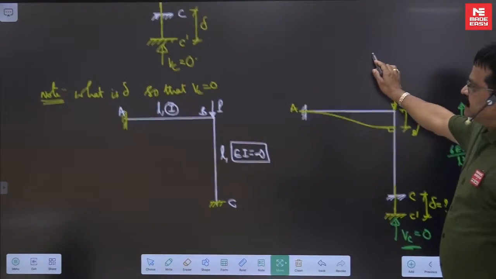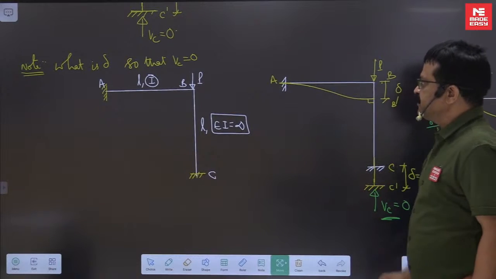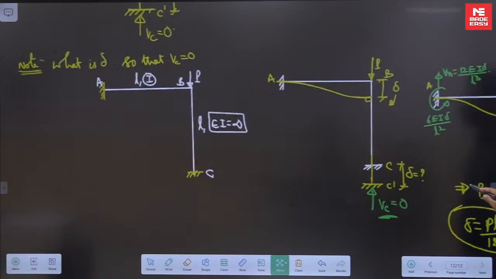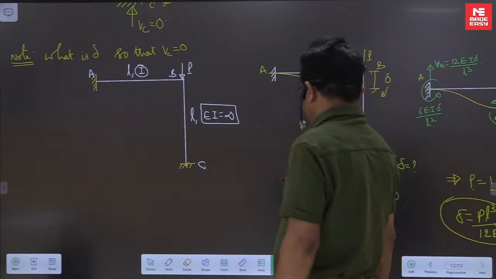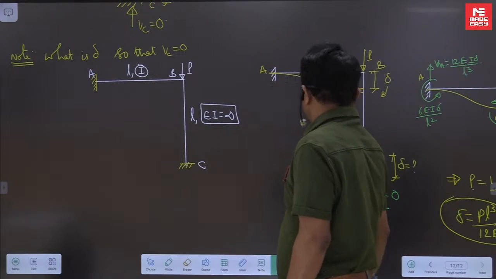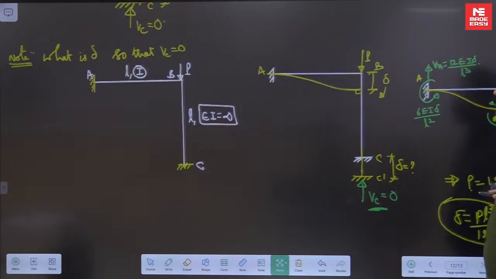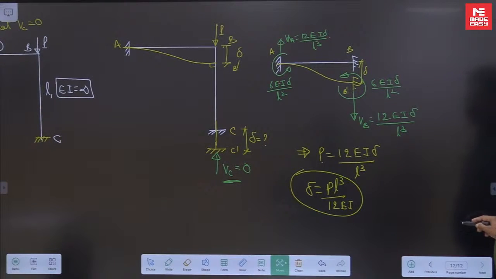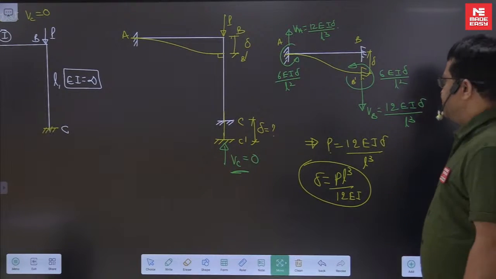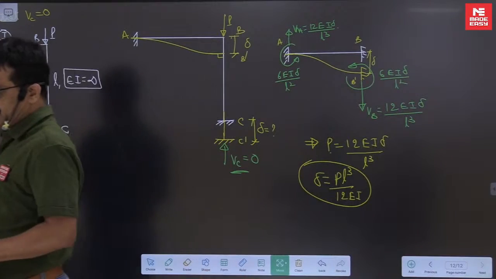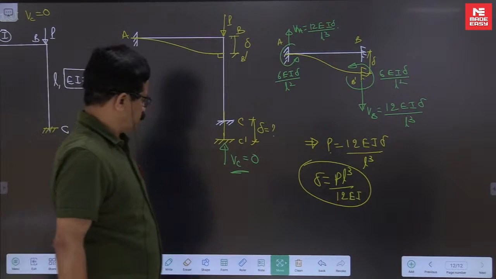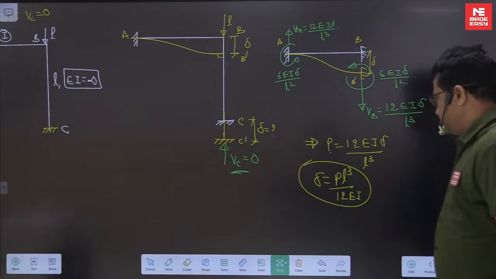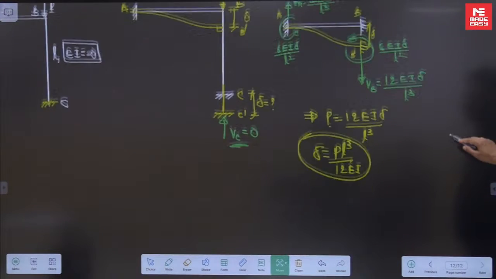Supposing that if they give EI value infinity, then this is the profile. PL cube by 12EI, it will become that value delta. Okay, done with that.